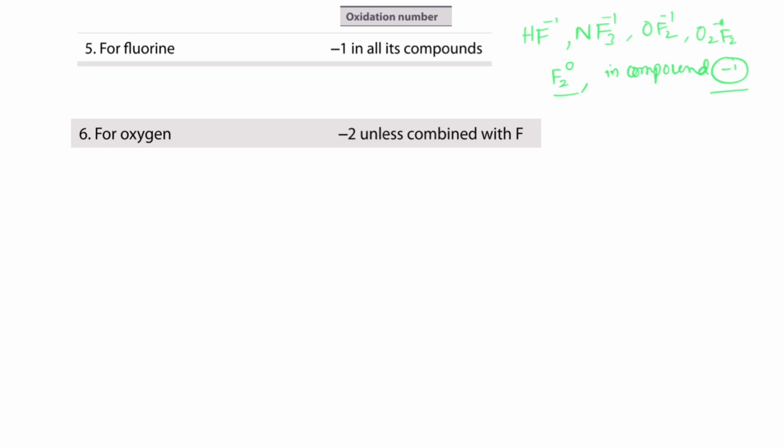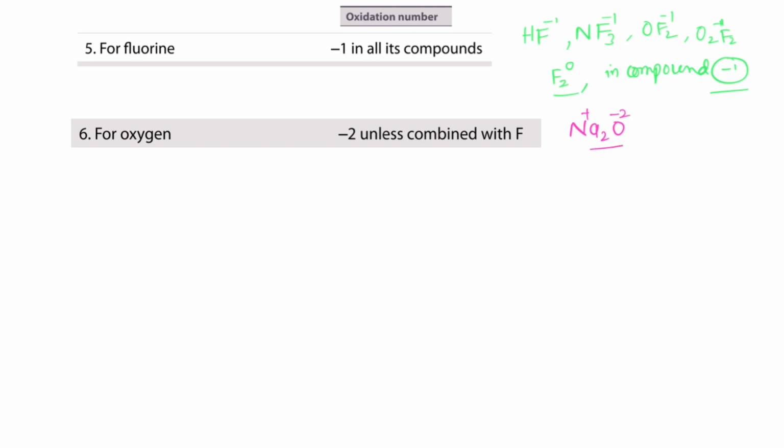Sixth rule, for oxygen, -2 unless combined with fluorine. For example, Na2O. Already we know sodium is +1, so oxygen is -2 oxidation state.